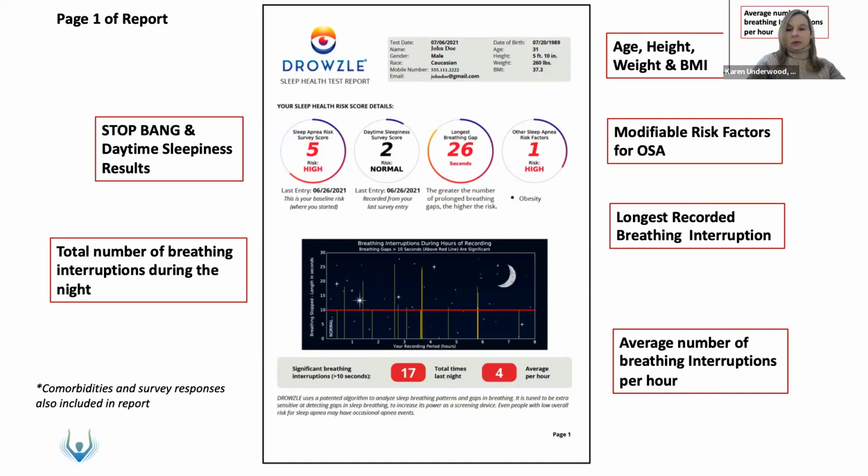We also have some other disturbances that play into our calculations for our Drowzle Pro that are not included in this graph. But what we are finding is that if a patient has a total apnea count of 11 or greater, that puts them into a higher risk category, just like you might look at your STOP-Bang or their BMI or whether or not they have hypertension or diabetes.